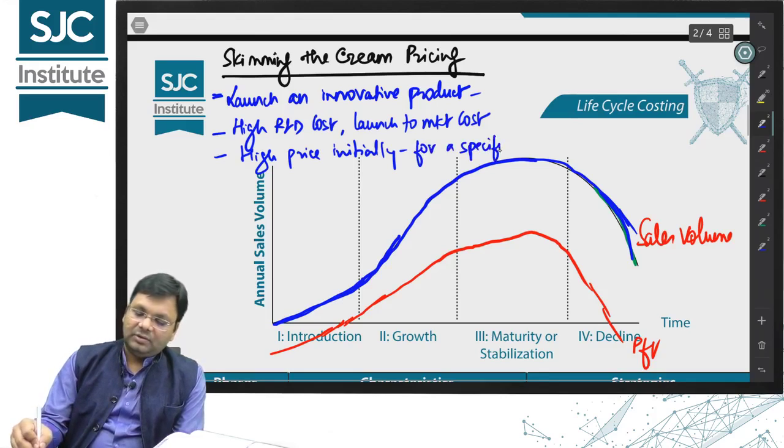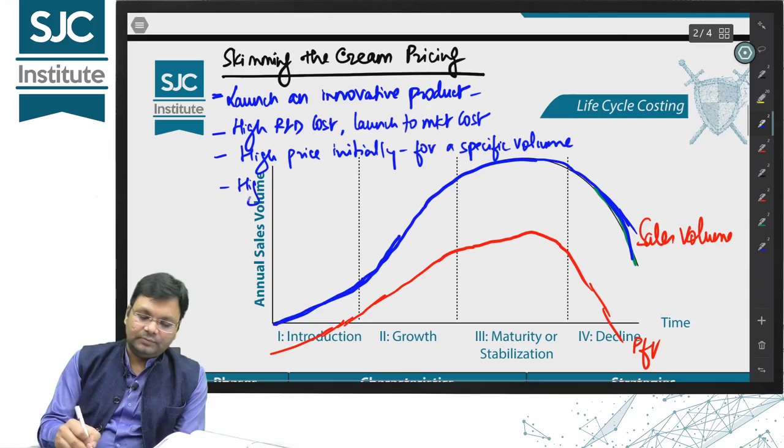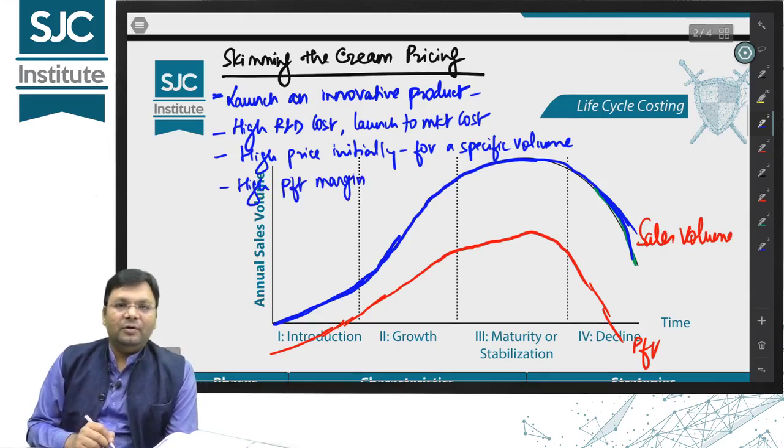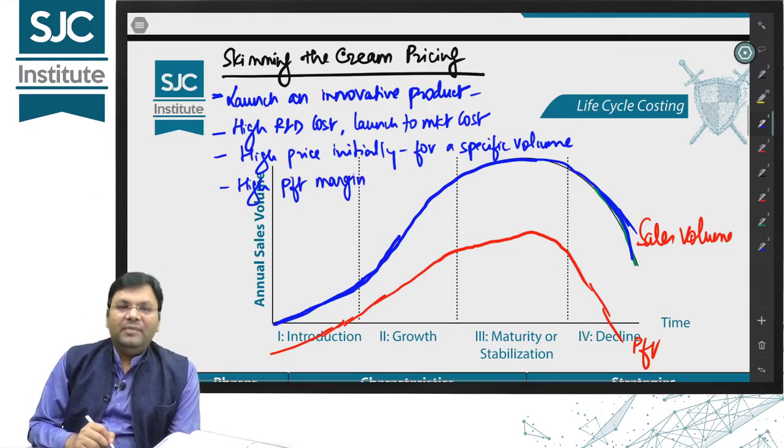Okay, so in this specific volume we earn a high profit margin also, and high profit margin is basically a premium margin that we want to keep in the name of the brand that we have created.